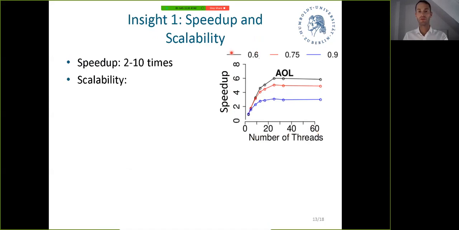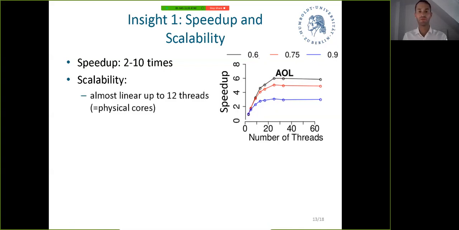The different colors mark the different thresholds we chose, which was thresholds between 0.6 and 0.9. From 0 to 12 threads, we get a nearly linear speed up. And from 12 to 24, it's not linear anymore, but still an increasing speed up. And above 24, we usually get a speed up which is not better anymore, even worse than the one from 24.